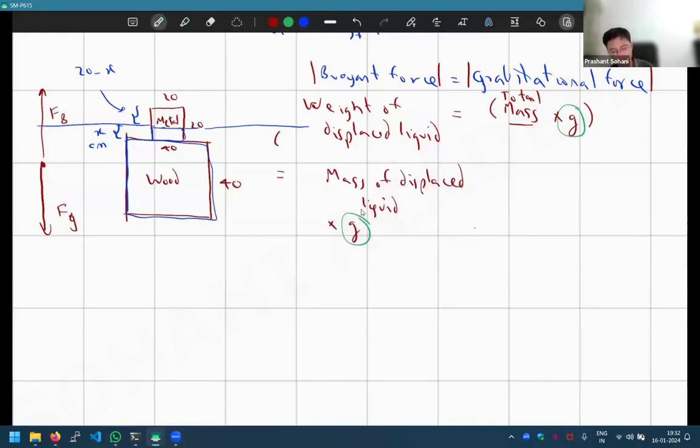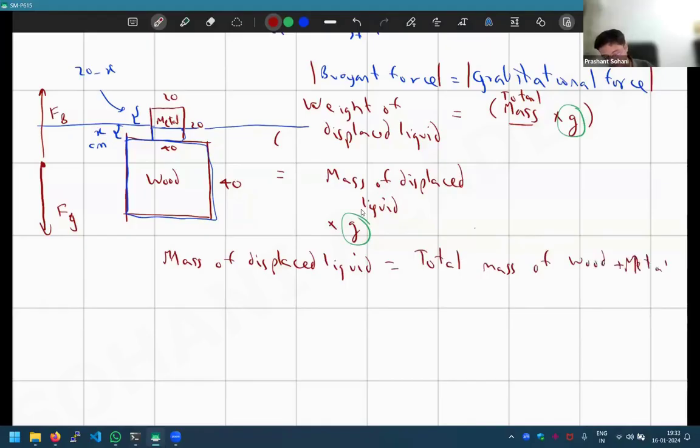Therefore, what we are saying is that the mass of the displaced liquid has to equal the total mass of the wooden plus metal block, right? Okay, because the gravity simply eliminated.